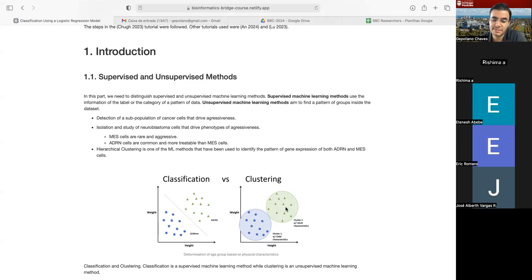Because in the clustering, what we can do is we can get to know the elements that correlate more or less. And if they correlate more or less, then they tend to be clustered together.